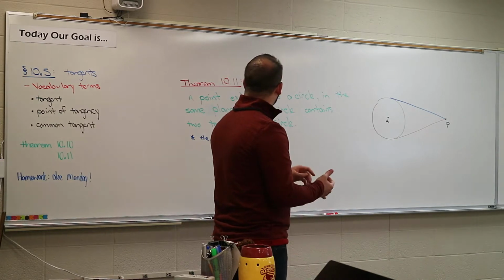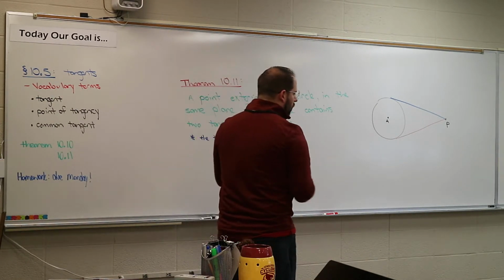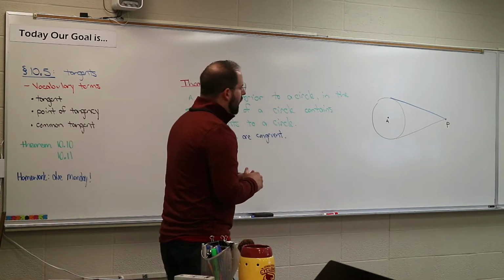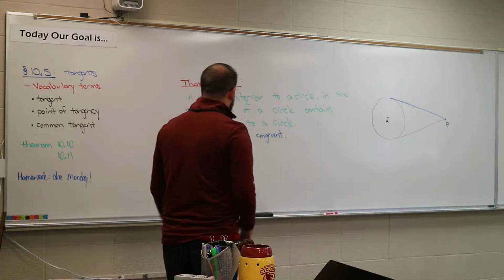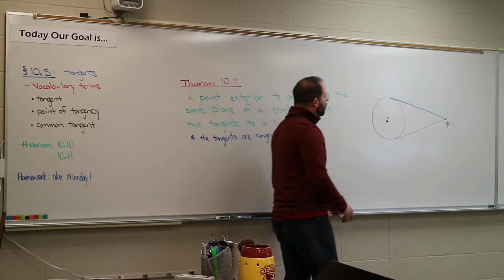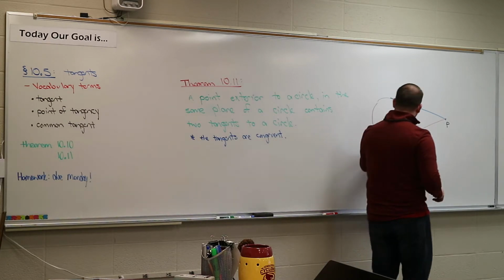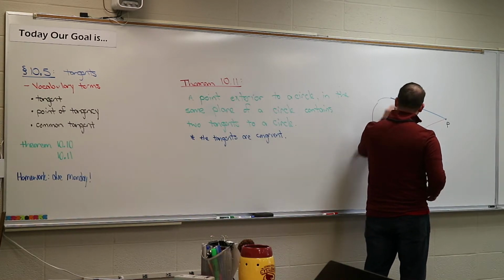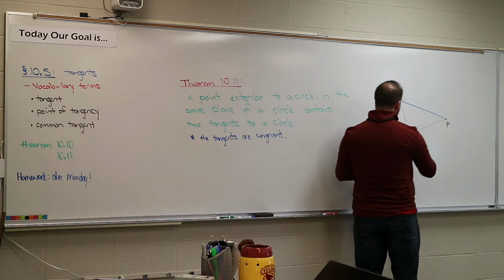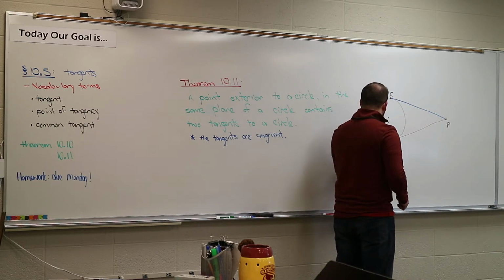Okay, it's going to use theorem 10-8, which is right angles inside of circles, and it's going to use the idea of the last one, which was tangent lines are perpendicular to the radius. So to prove that the red line and the blue line are the same, let's give these names. Let's call this point B, let's call this point C. So we're going to try to prove that CP has to equal BP.